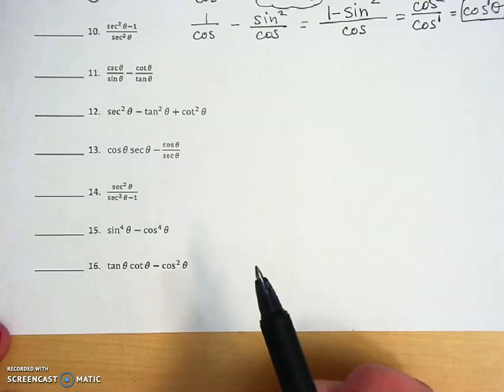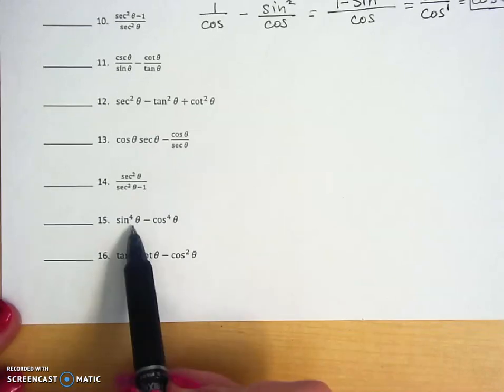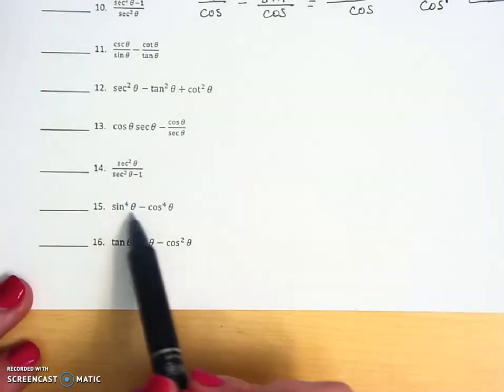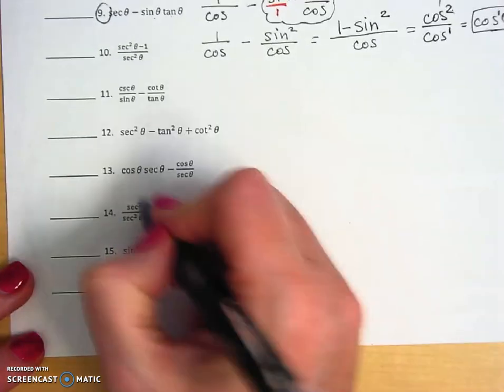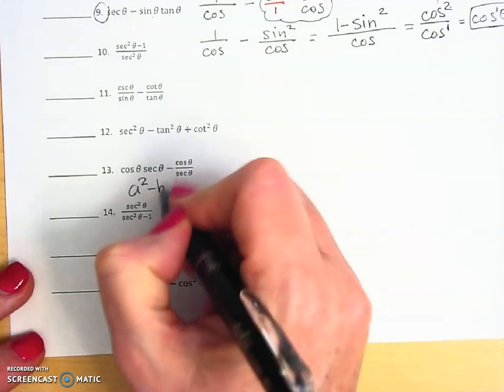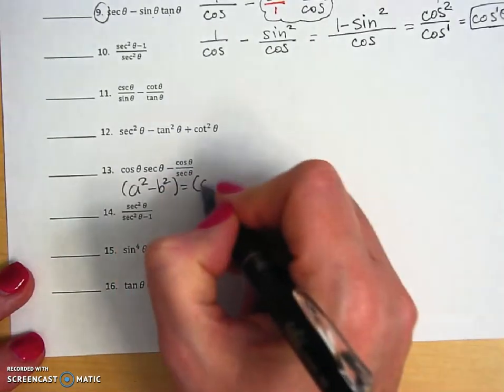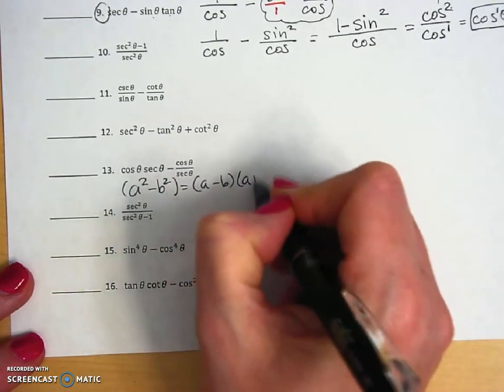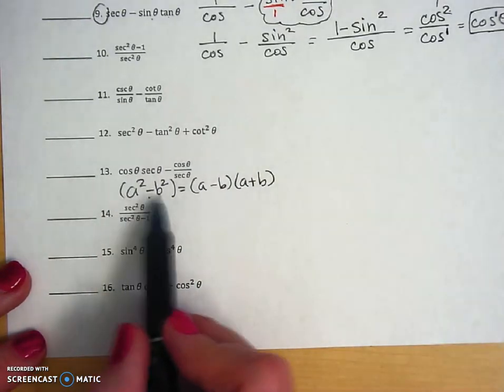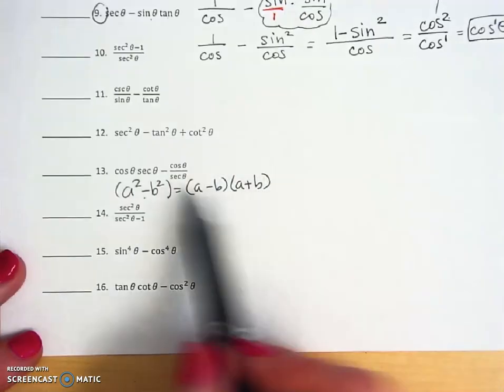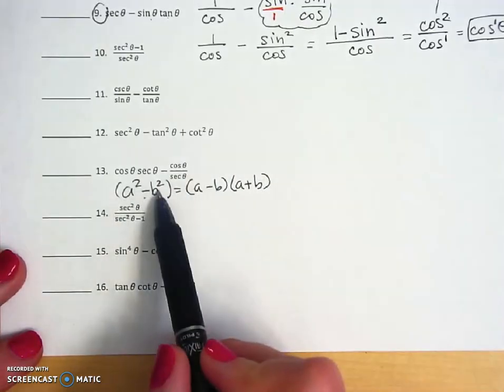So the reason why I want to touch on this problem is I have difference of 2 squares here. Remember, our difference of 2 squares factoring property says if you're subtracting 2 things that are perfect squares, you can write them in factored form by square rooting each of them.